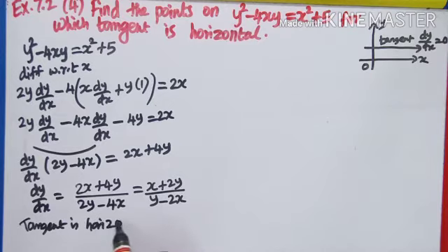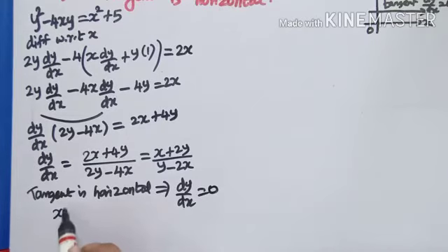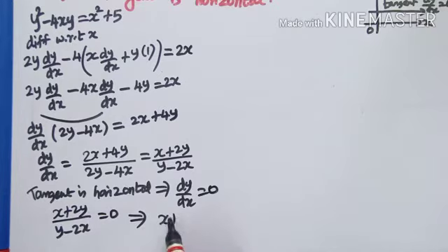So whenever I say tangent is horizontal, it implies dy by dx equals 0. If I put dy by dx equals 0, x plus 2y by y minus 2x equals 0, or x plus 2y equals 0. Whenever the fraction is 0, only the numerator is 0, as I cross multiply.